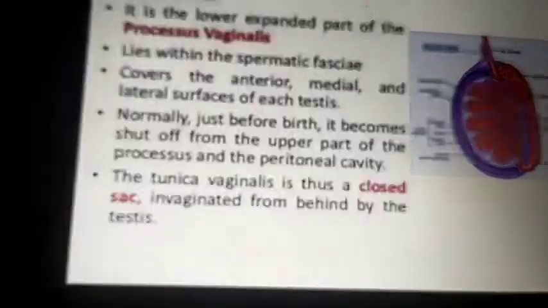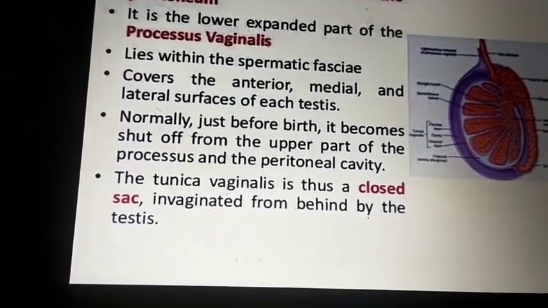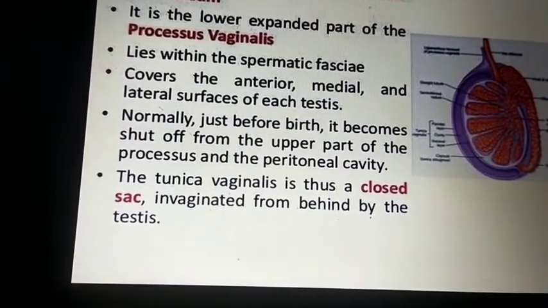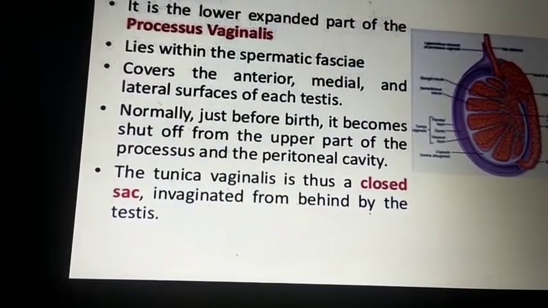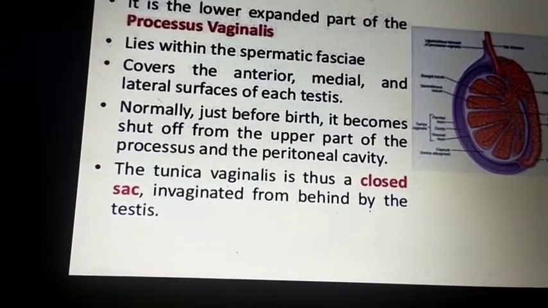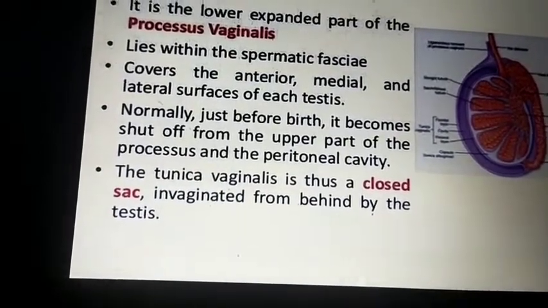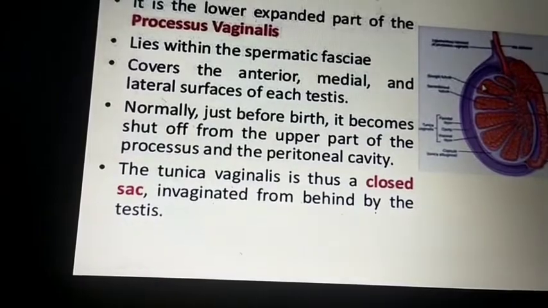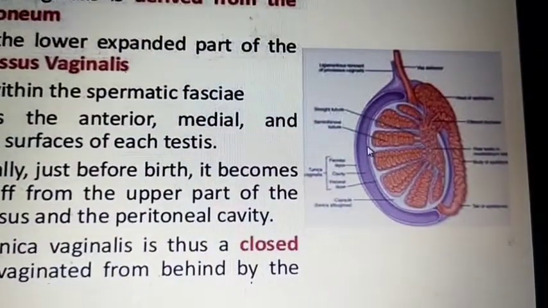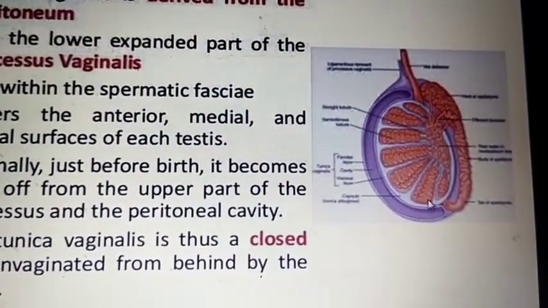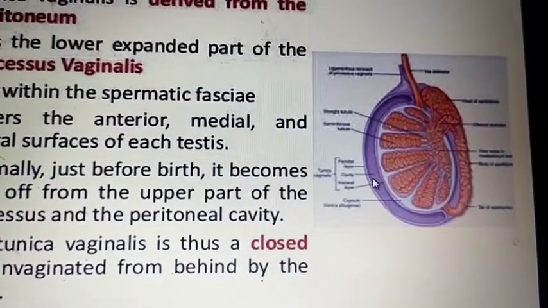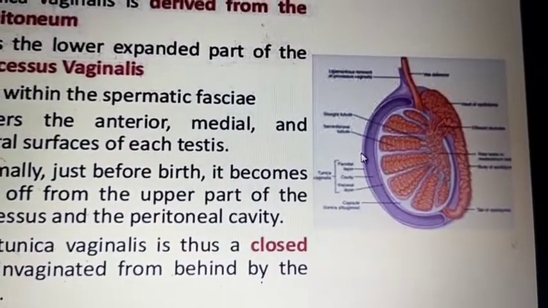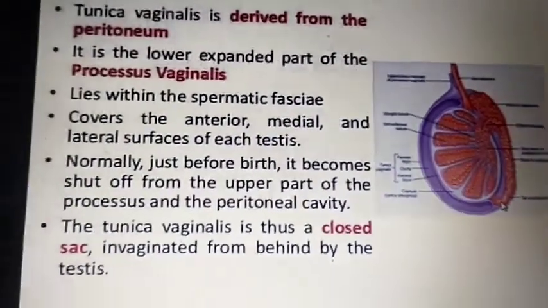The tunica vaginalis is thus a closed sac that is invaginated and forms behind by the testis. This is the visceral layer of the tunica vaginalis, and this is the external or parietal layer.